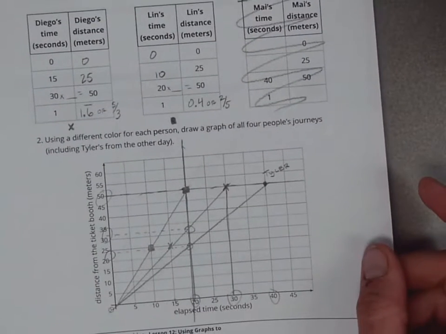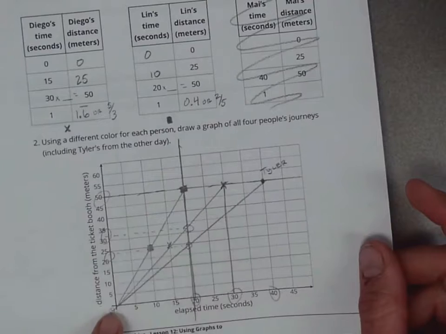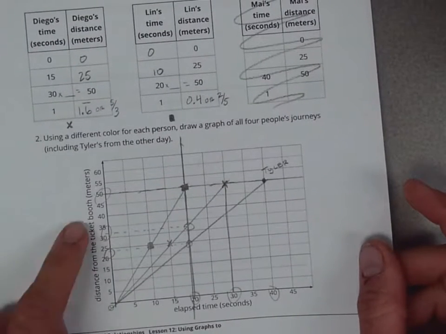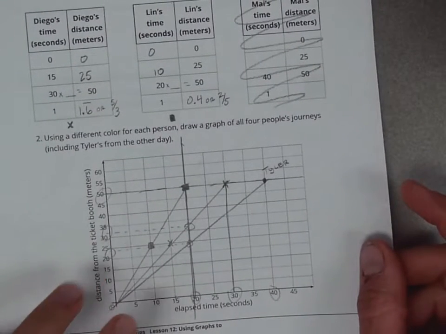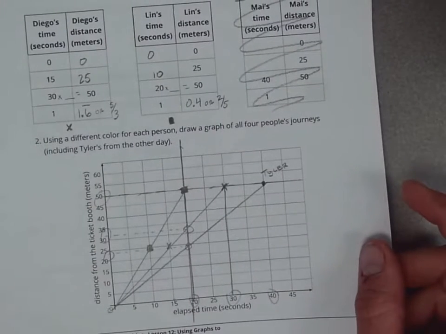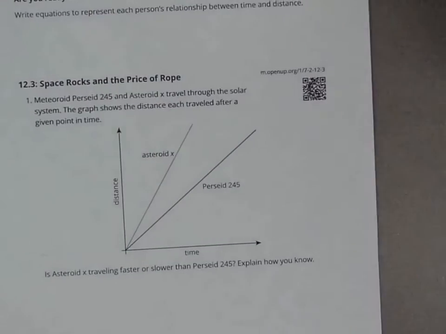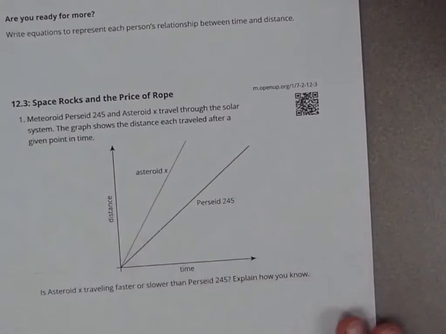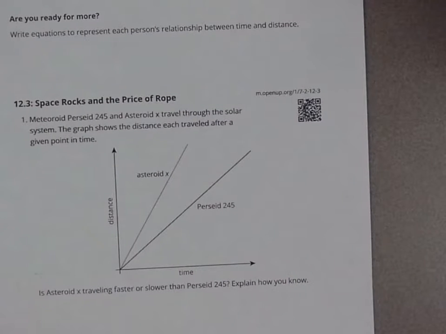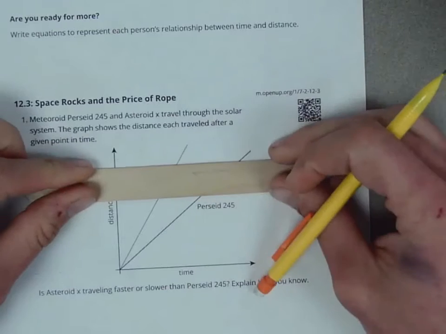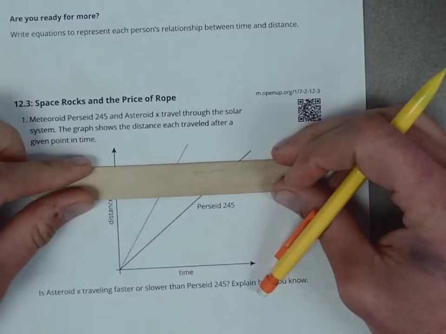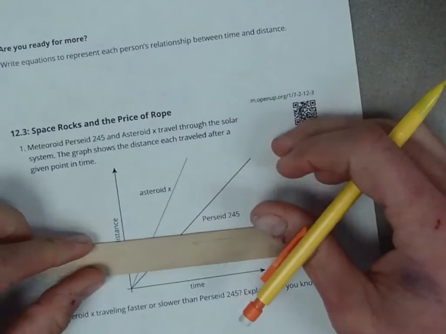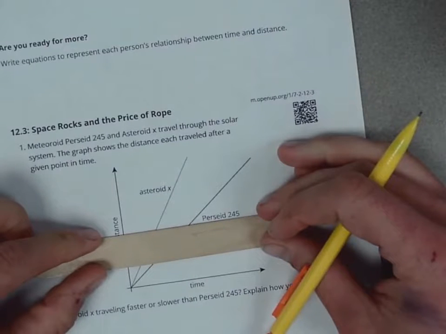Zia noticed that the steeper the line, when we're talking about distance and time, means that that person was going faster. And I would agree that asteroid X has a steeper slope. What that steeper slope says is that if they both go the same amount of distance, let's say I draw a line that's parallel to the timeline, and we'll do it down here to make it easier.